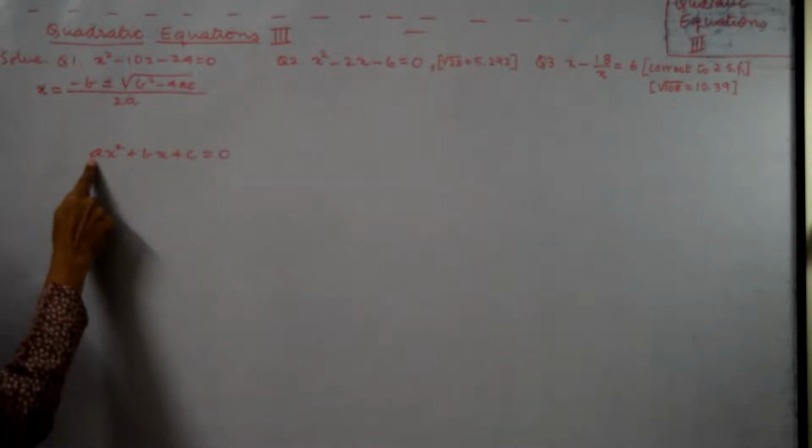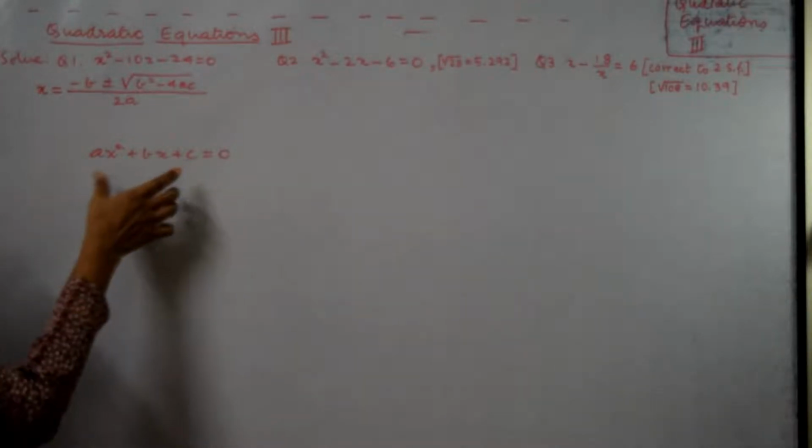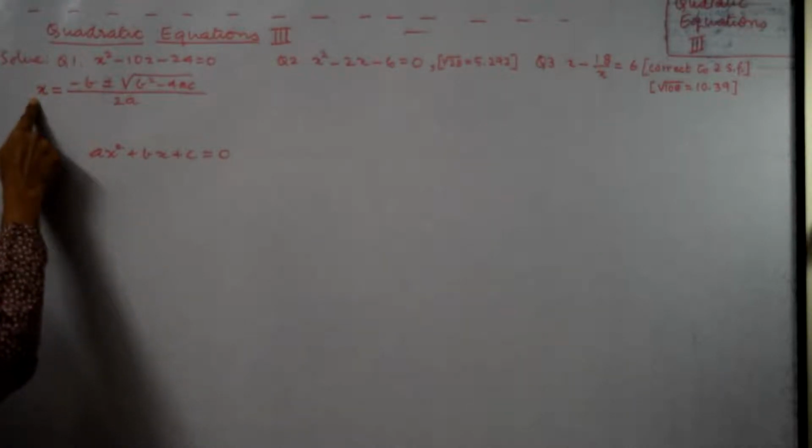And then we use a, b, c as the values for our formula x equal to minus b plus or minus root of b squared minus 4ac upon 2a. The formula is going to give us the roots using these values.